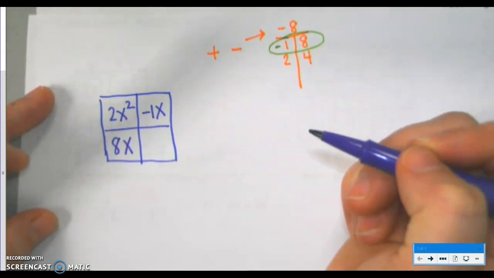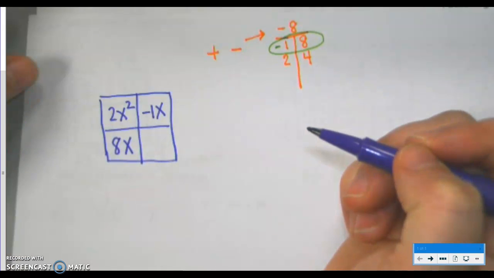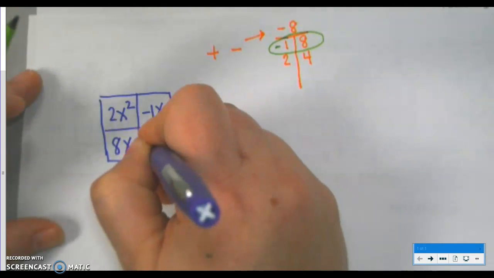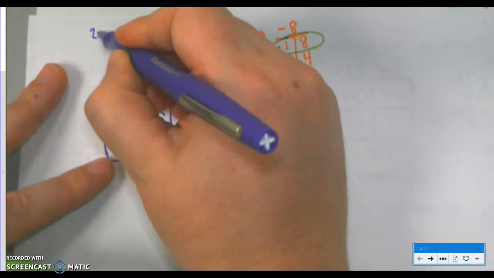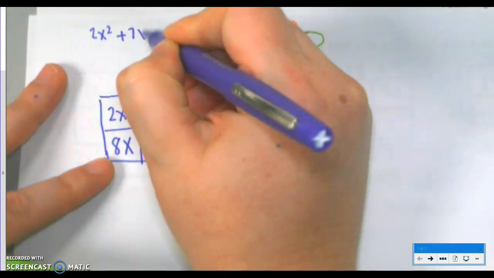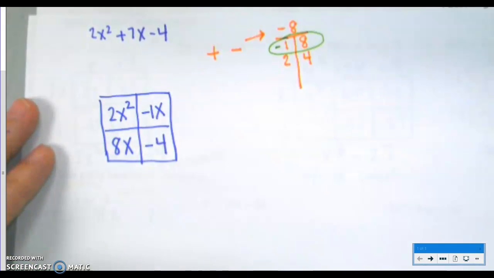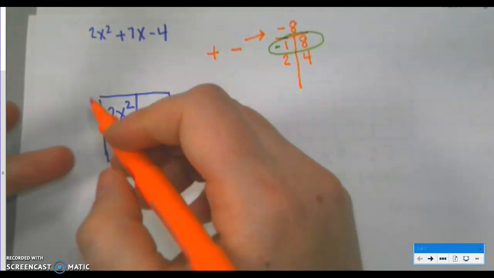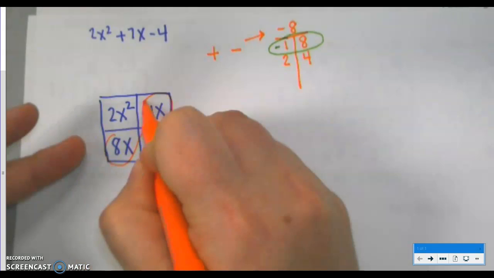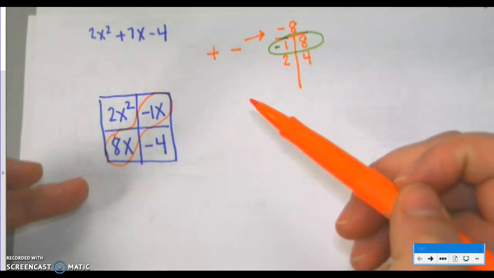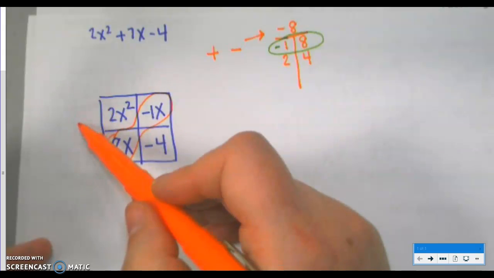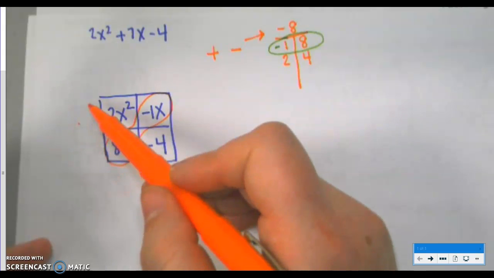But I have negative 1x and 8x, and then the last number in the trinomial was negative 4. That was my original problem. So what I have inside my box right now equals 2x squared plus 7x minus 4.